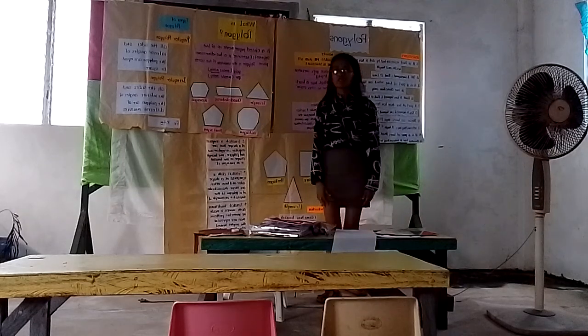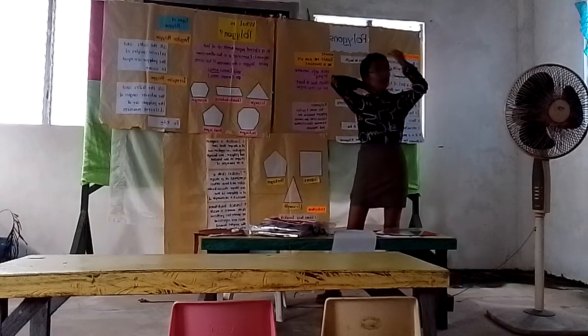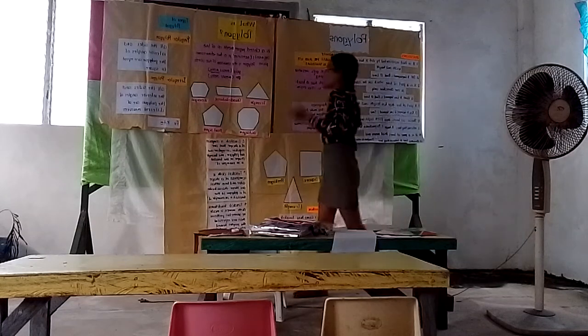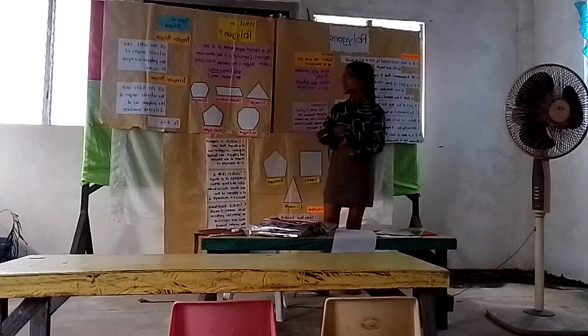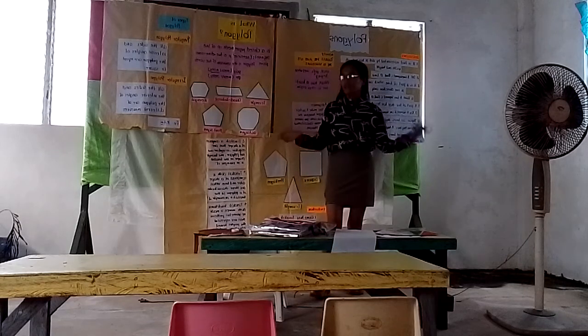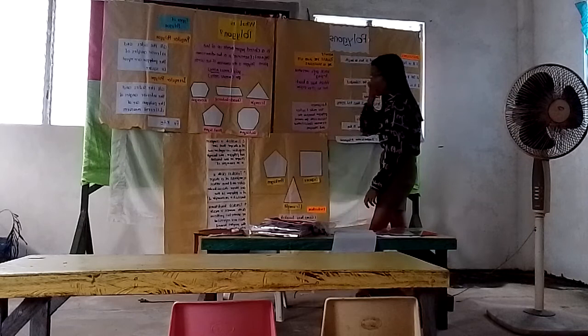The triangle and the rectangle are known shapes, while the ones you learned in class are the polygons like the hexagon, pentagon, octagon, nonagon, like that.